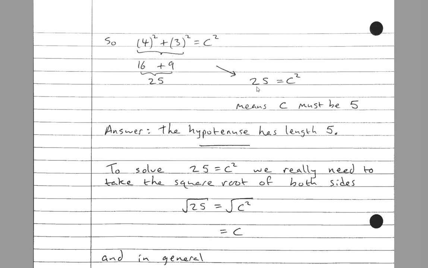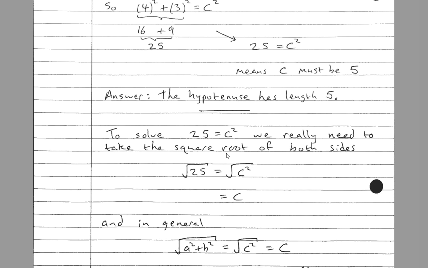And this last step here, 25 is equal to C squared. So what number squared is 25? Well, that's really the definition of a square root. To solve something like this, you can think of it as just taking the square root of both sides.